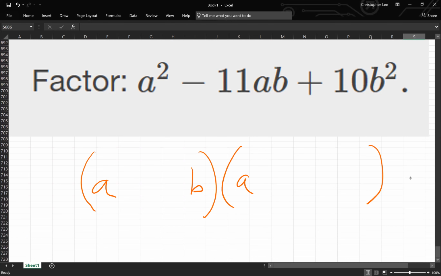I should also hear B and B. And then just give me the numbers after that. 10 and 1, okay. What's the signs? Negative what? Very good. And that's it, that's the factor. Not bad, right?